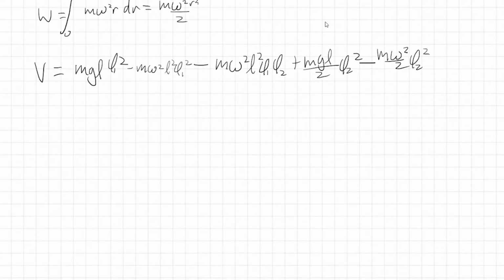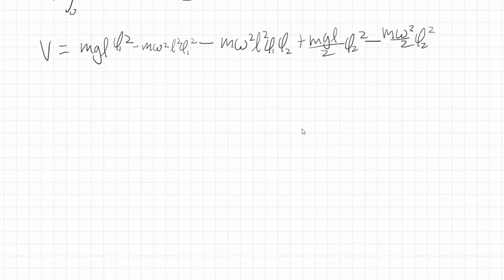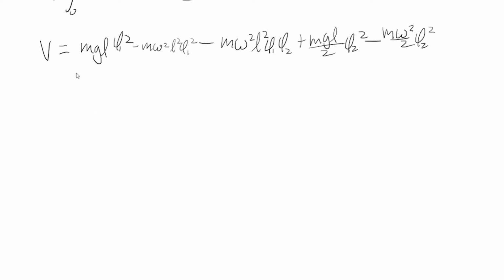And we use the second derivative test, which for multiple variables is: let V phi sub 1 phi sub 1 be the partial derivative, times V phi sub 2 phi sub 2, the same thing for phi sub 2, and V phi sub 1 phi sub 2 equals V phi sub 2 phi sub 1, the other remaining partial derivatives.